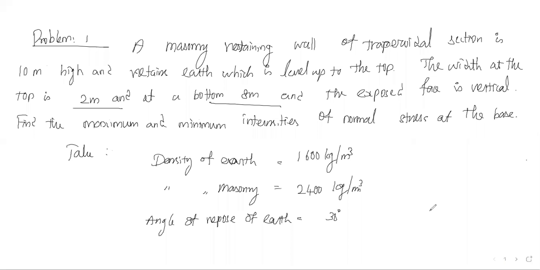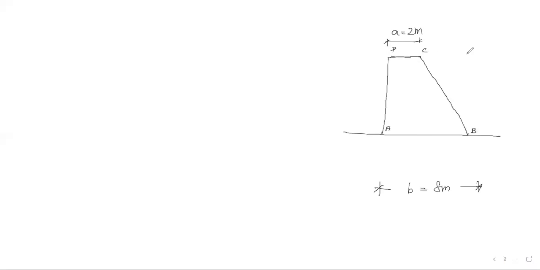Then the height of the structure is equal to 10 meter, as well as it retains the soil at the same height. So H is equal to 10 meter. So here the wedge will form. This is nothing but the angle theta. Here they have mentioned the angle of repose, that is phi, internal friction, is equal to 30 degree.